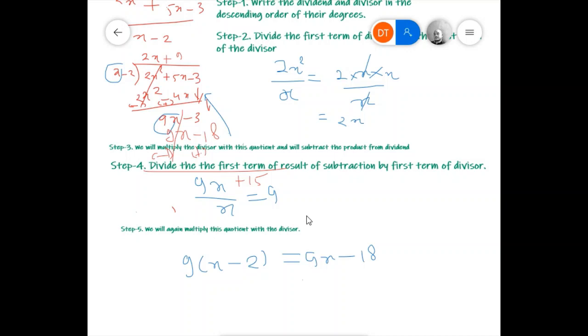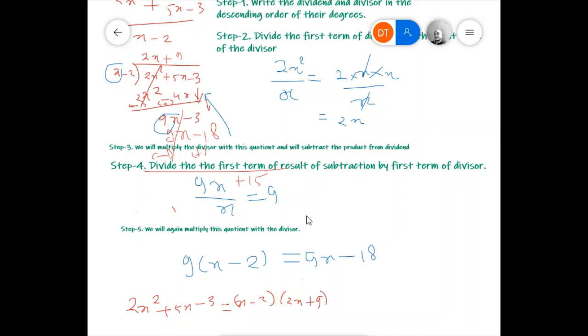So when we go to represent this division, how will you represent it? 2x square plus 5x minus 3 equals, this is the dividend, equals the divisor, that is x minus 2, into the quotient, that is 2x plus 9.